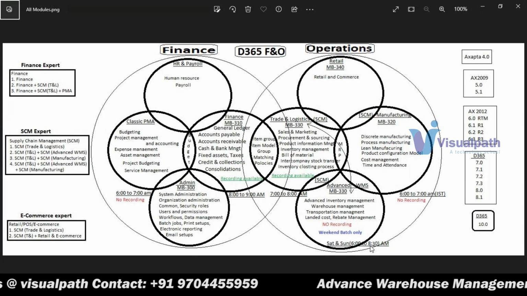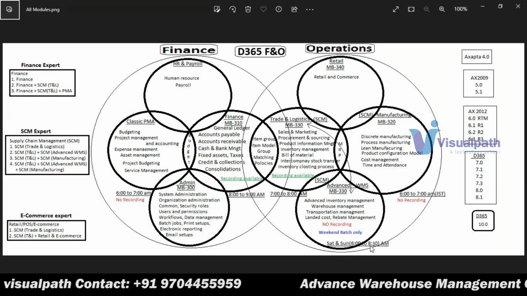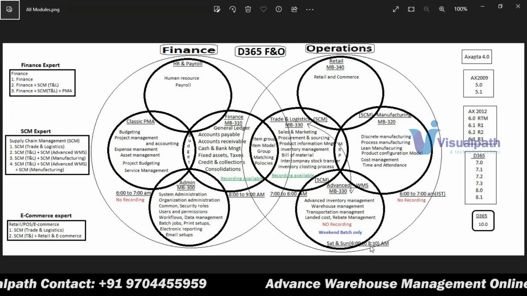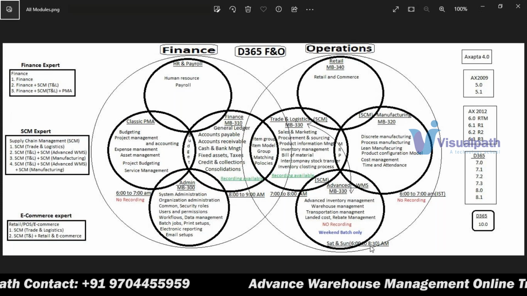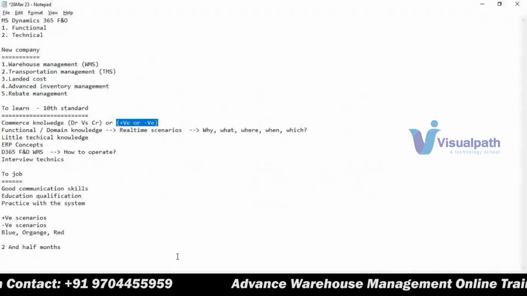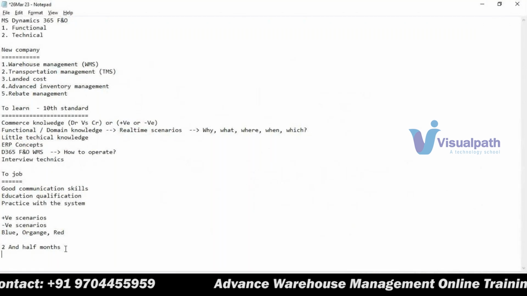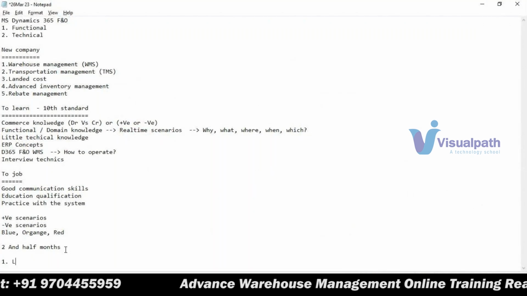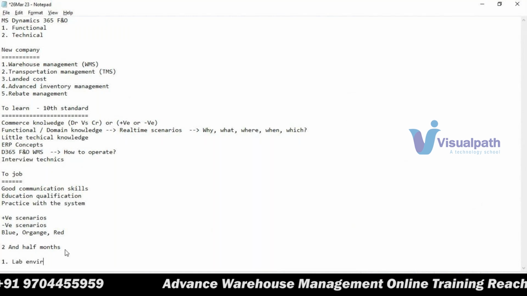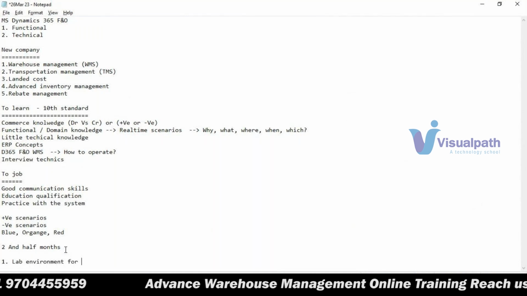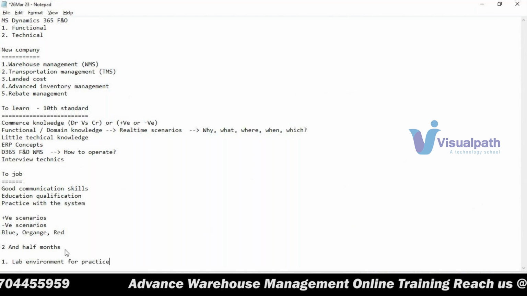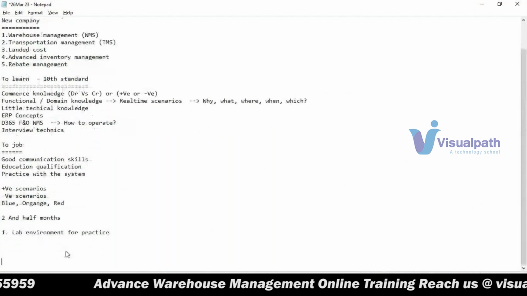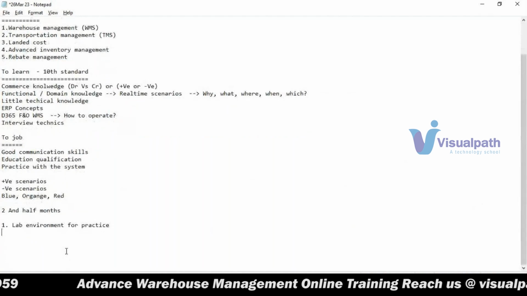Is there any system provided by you to try the setups and transactions? You are talking about environment access, lab environment. Whatever trial versions are available, that data disappears in the next day, maybe 2, 3 days.